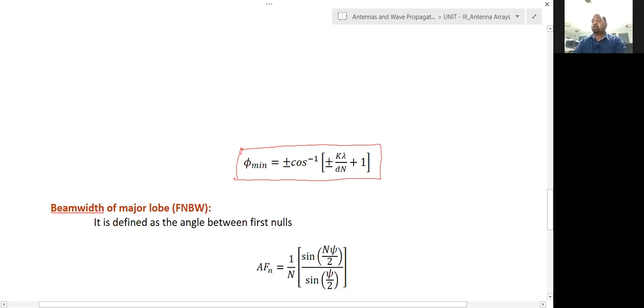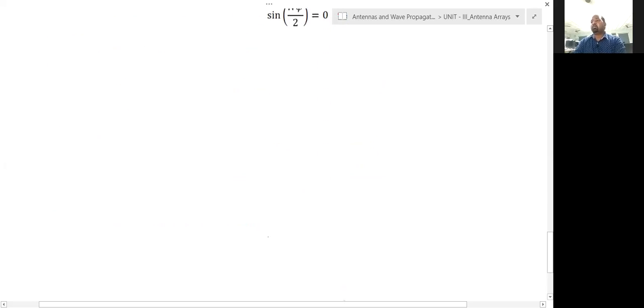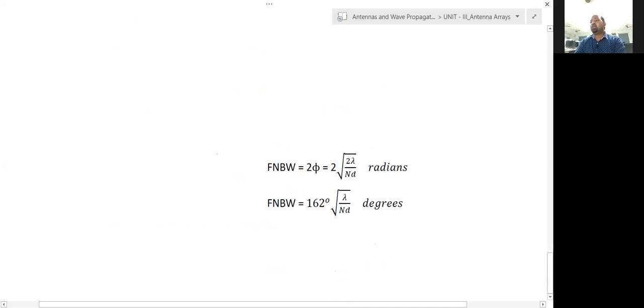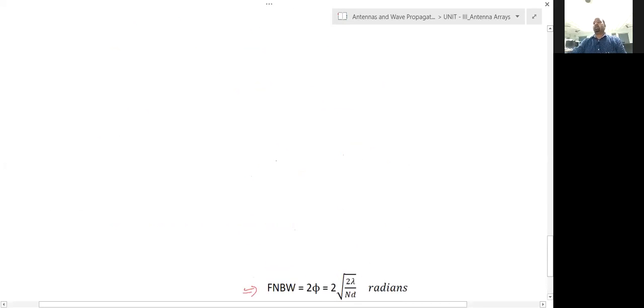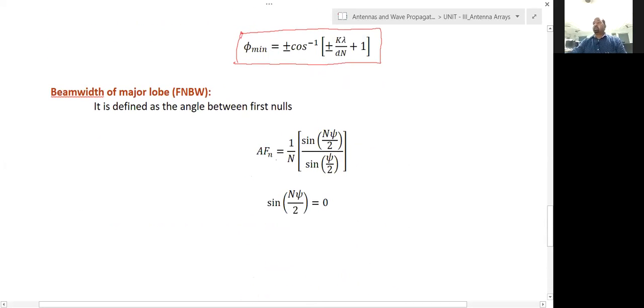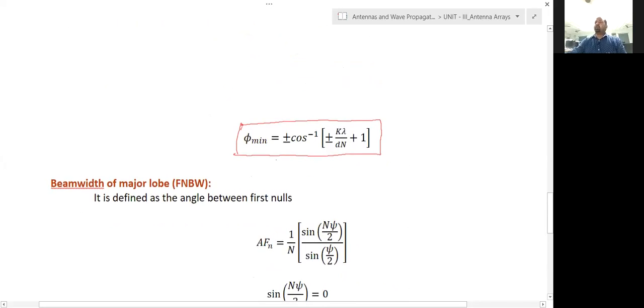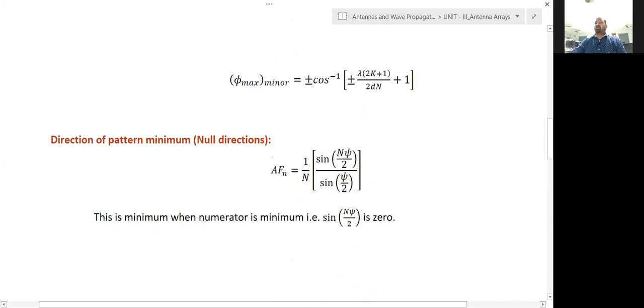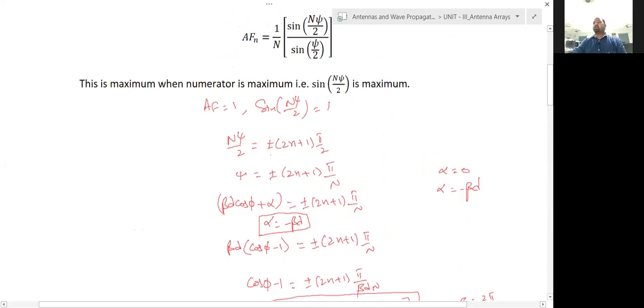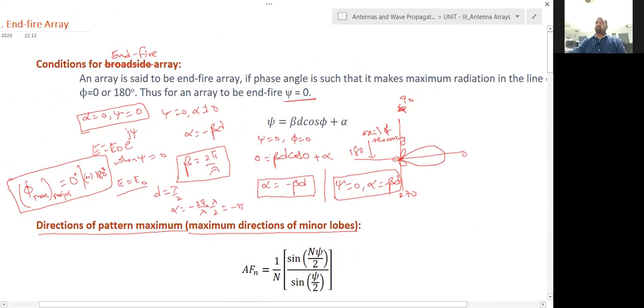And for the first null beam width, you will get this expression. You do it, I'm leaving it as homework for you. So with this we have completed end-fire array, and in the next class we will take an example for end-fire array. With this I will close my session.